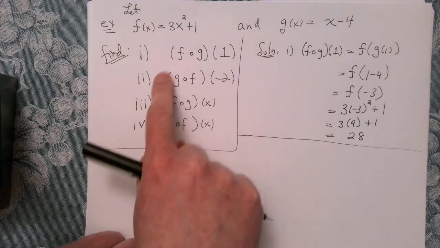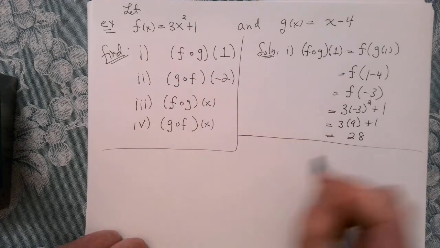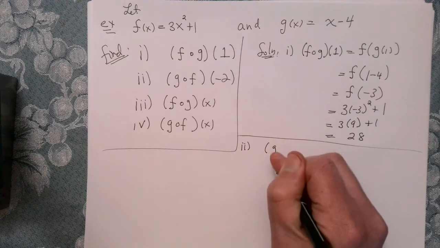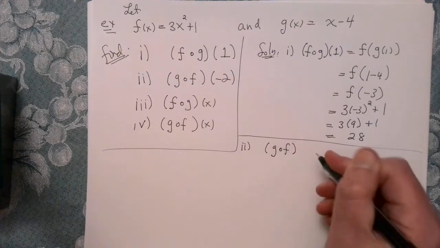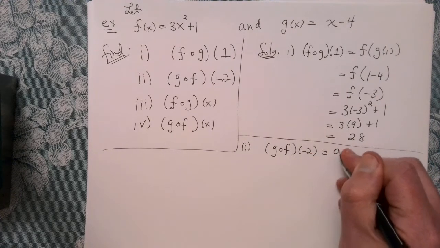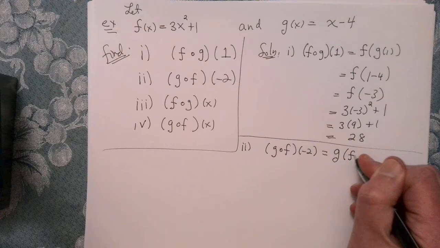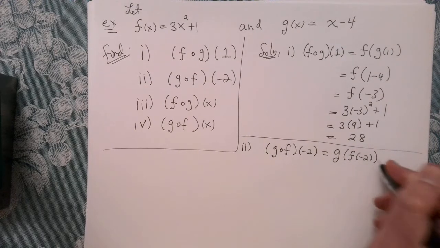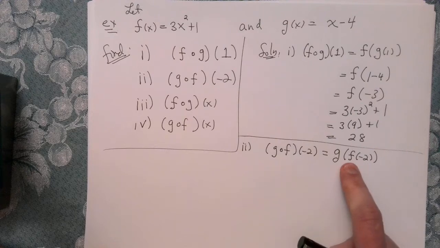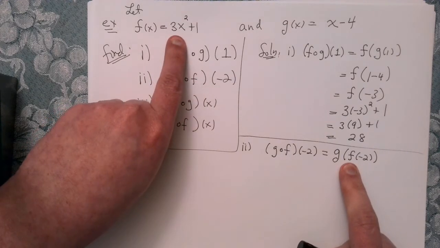Okay, so let's now evaluate this for g after f evaluated at minus 2. That's exactly g of f of minus 2. So how do I interpret this? Minus 2 is the input of f. Apply the f function.